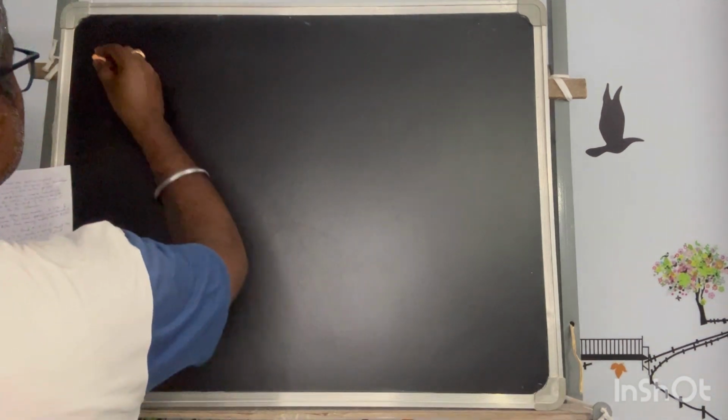Now we'll see problem number 22 in ratio and proportion.